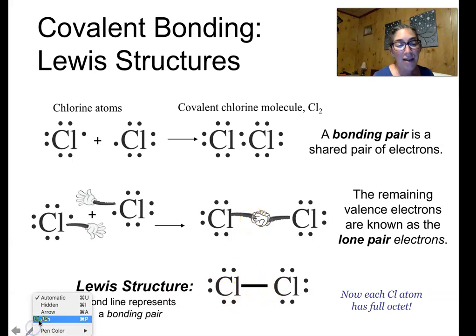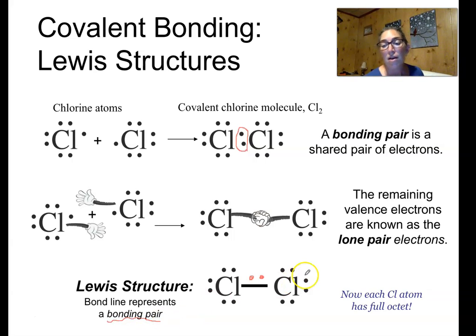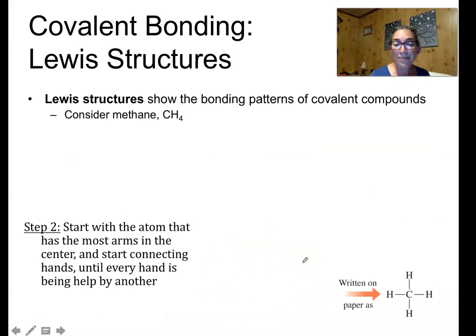What that line represents is just another way to show that bonding pair, the two electrons that are shared. So a bond line represents two electrons, a bonding pair. Now each of these chlorines has a full octet and it's happy, just like those two little fluorine atoms in the video.